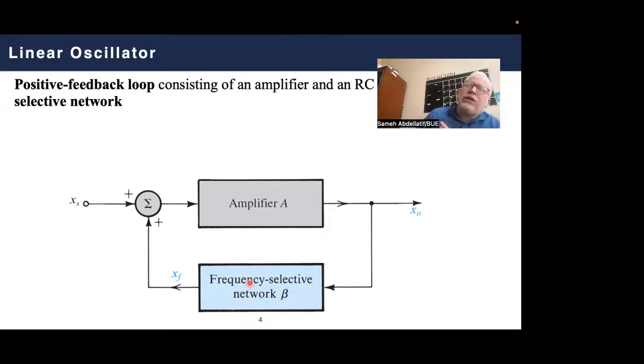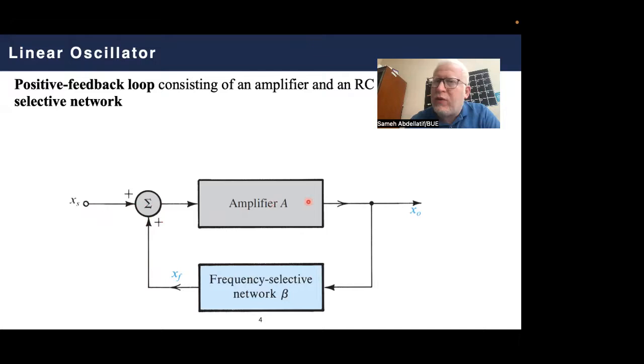These two subsystems are connected in what we can call a positive feedback network. So the output of the beta frequency selection circuit is fed to the amplifier input. But what's really interesting is we are going to get rid of the external input, which assumes that we don't have an input.